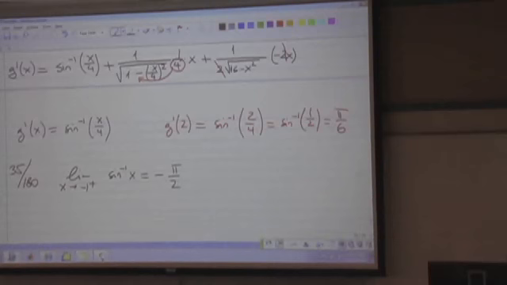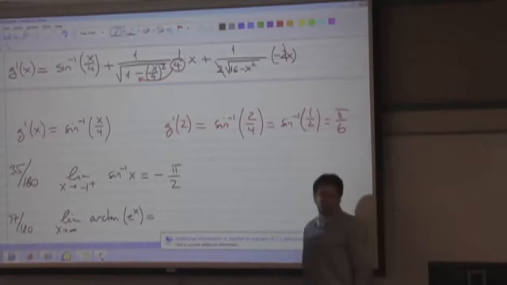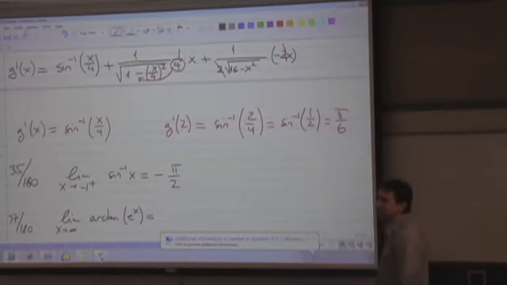Okay, how about 37? The limit as x goes to infinity of arctan of e to the x. Yes? Pi over 2, you say?